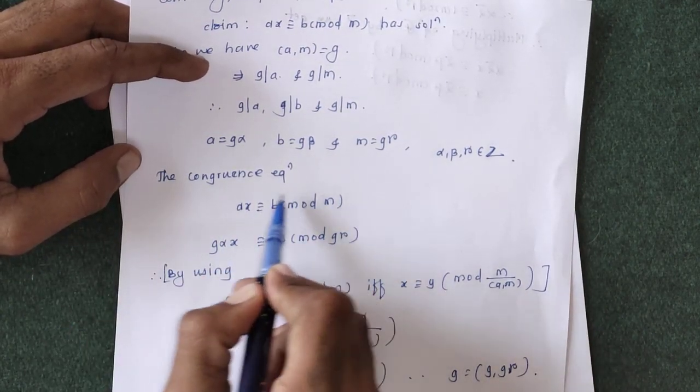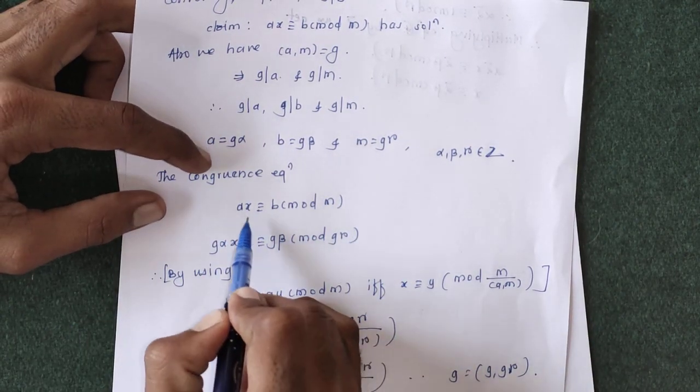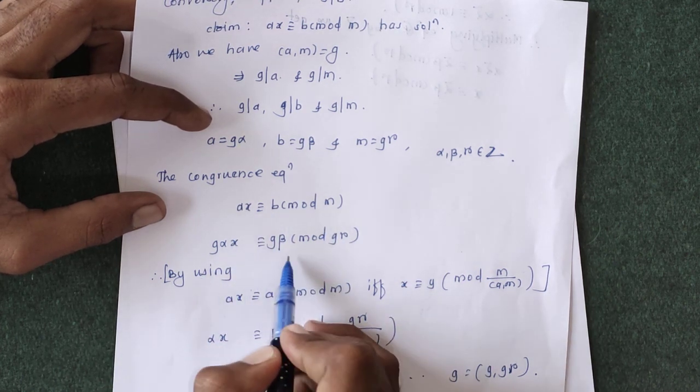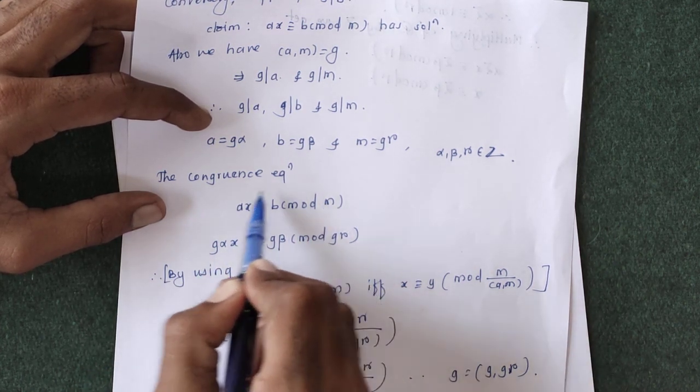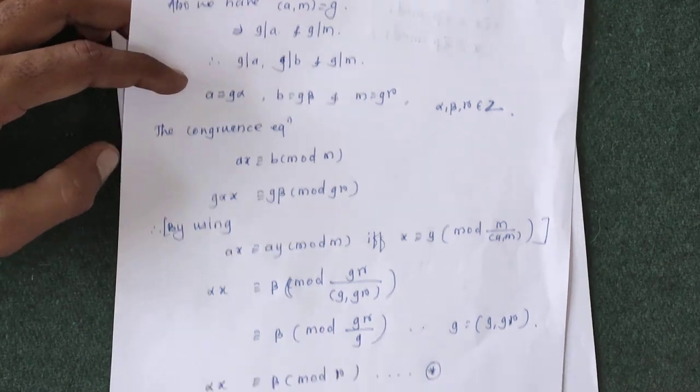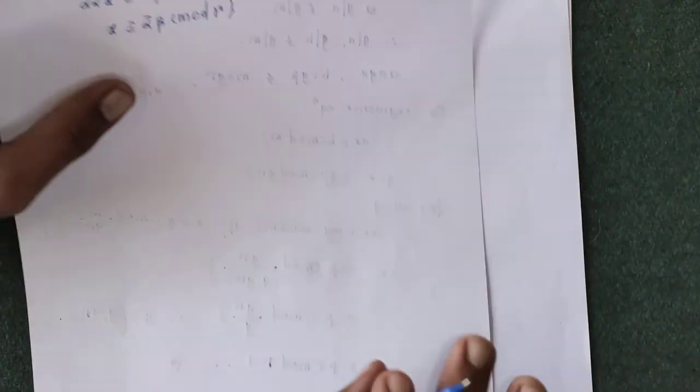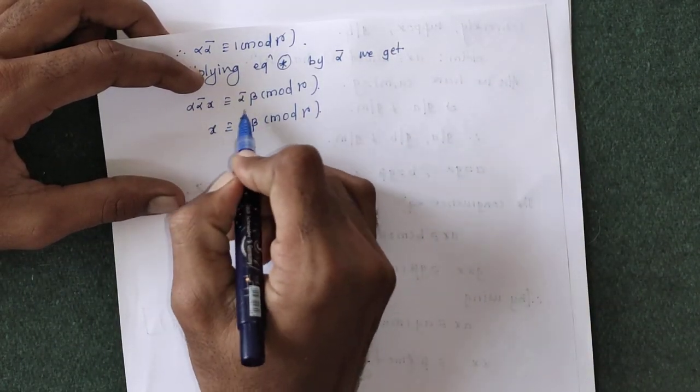Since we have considered this congruence, writing the values of a, b and m, it will be equivalent to this congruence, and solving it we get the value of x, which is alpha bar beta, an integer.